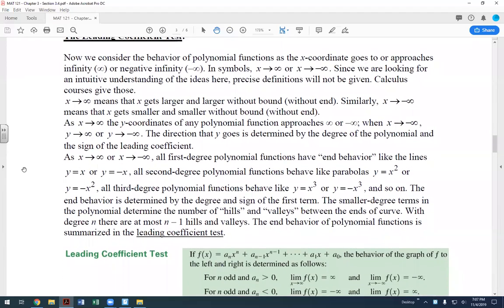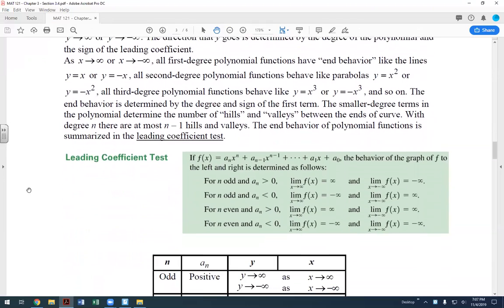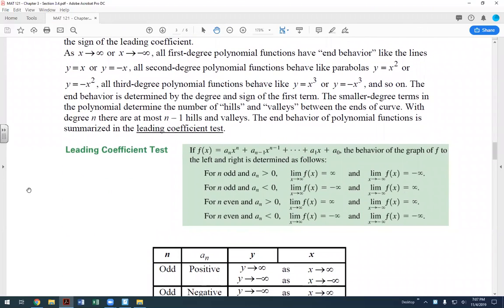A lot of times, you will actually notice these are written in terms of limits. Limits is something that we normally talk about in maybe a calculus course, but we can also talk about limits here. Limits are basically saying, as x is going to positive infinity or as x is going to negative infinity, where is your function going?